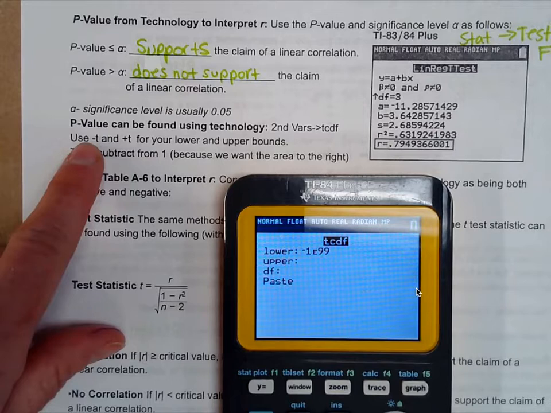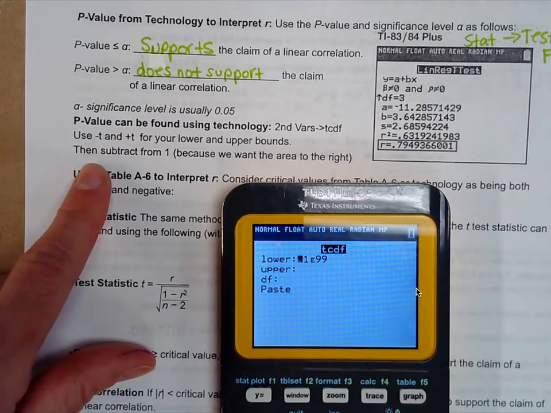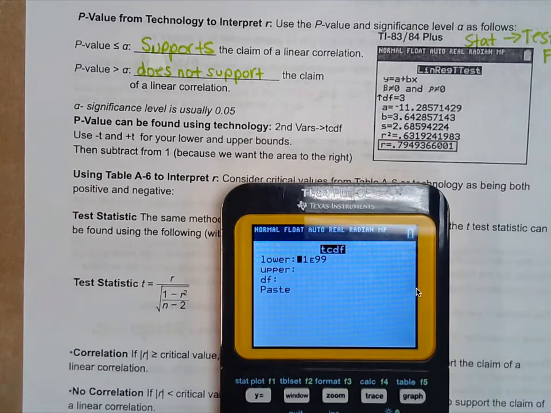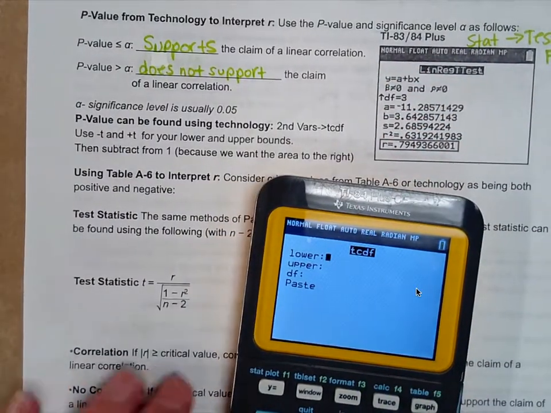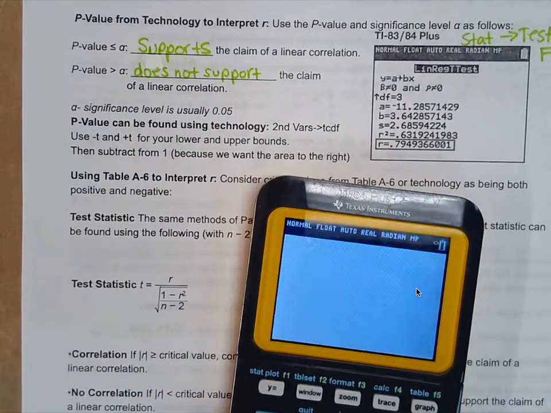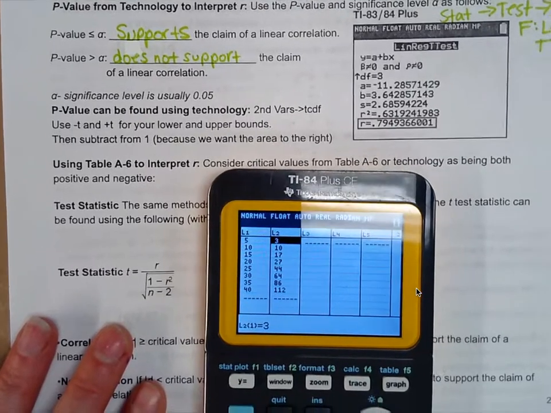And you'll want to use your t-value to determine your p-value. I think I might have some statistics in here. Yeah, I have this random one. This one is linear.